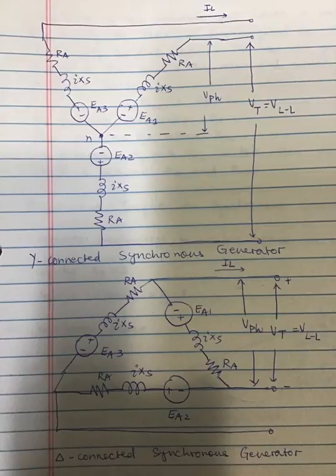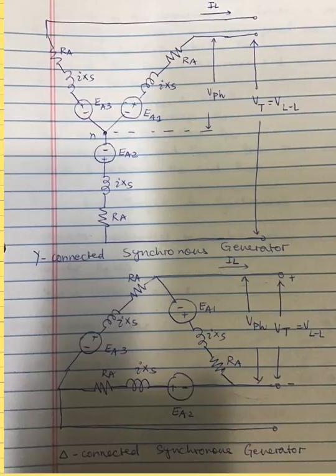Okay, so that's the armature winding or the stator winding in the three phases. So phase A, phase B, and phase C. So this is the Y connected synchronous generator armature winding, and that's the delta connected.